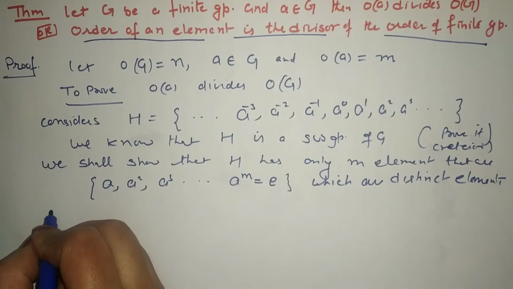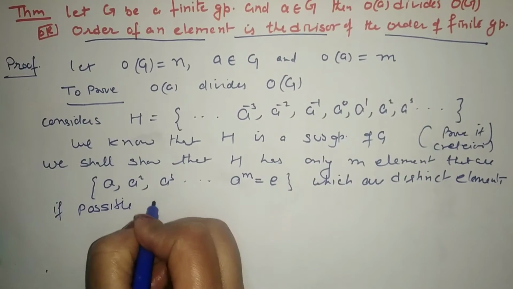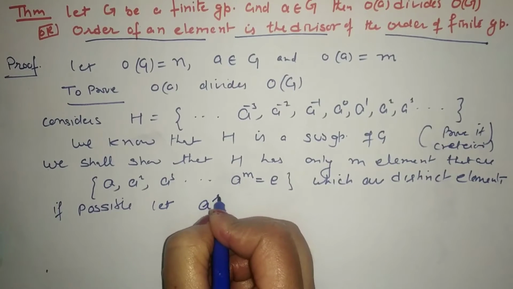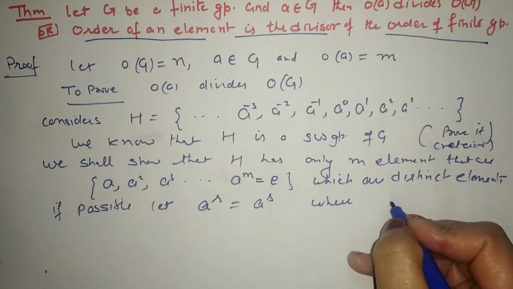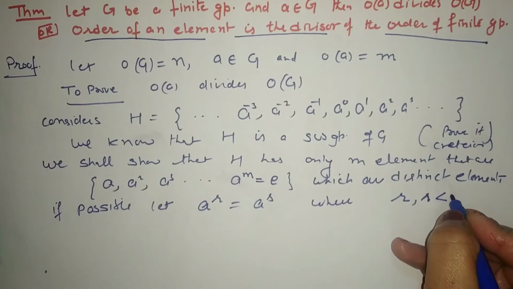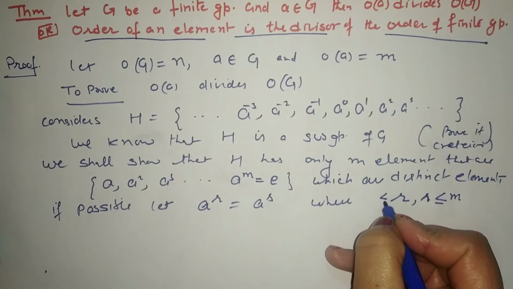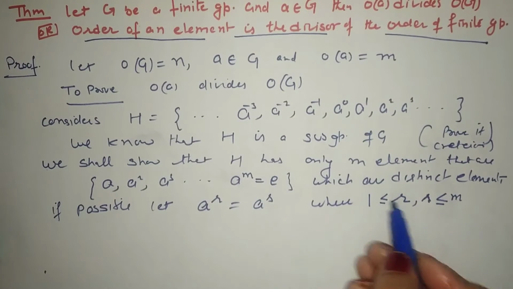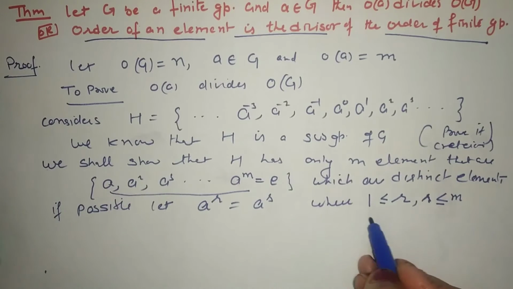Why are these distinct? If possible, let A raised to power r is equal to A raised to power s, where r and s both are less than or equal to m and greater than or equal to 1. Means we have taken two elements from this set only, these positive powers.